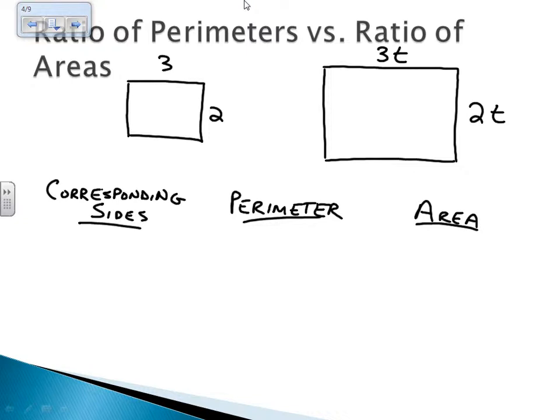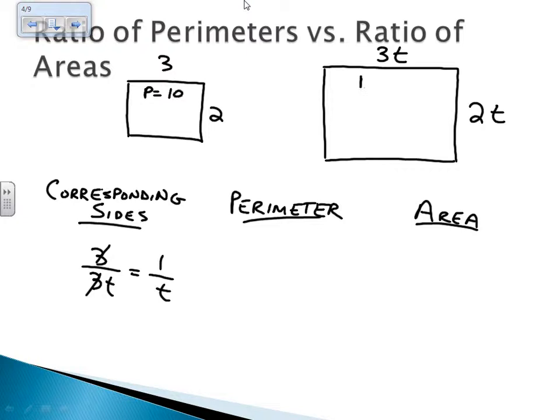Do you want to do the 2 or the 3? 3 this time? So corresponding sides is going to be 3 to what? 3t. Now, in this case, the 3s will cancel, because you get 3 divided by 3, which leaves you a 1, so you get 1 over t as your ratio. The perimeter, what's my perimeter here? Same as last time, my perimeter is 10.